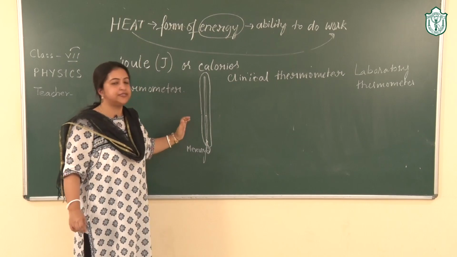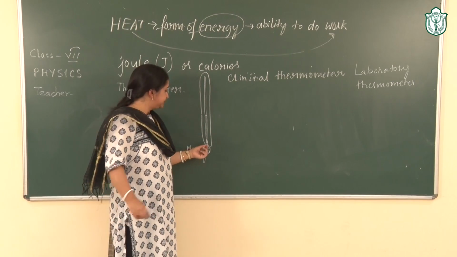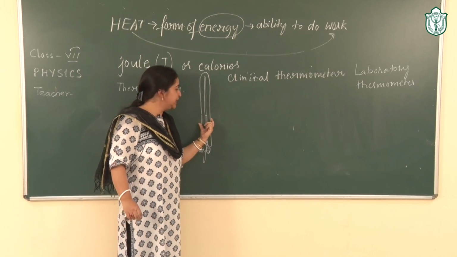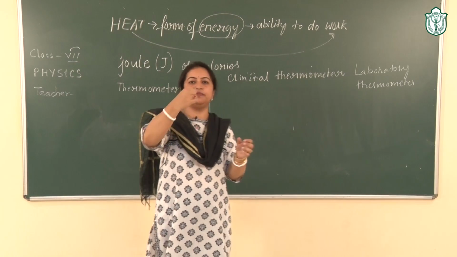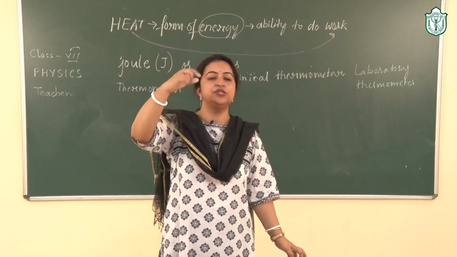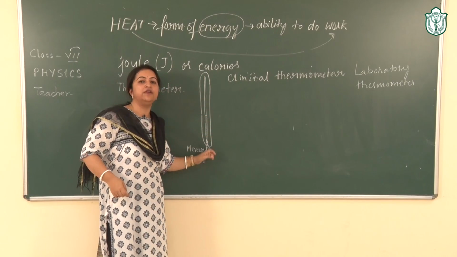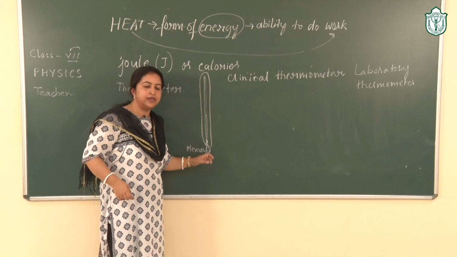Now, the function of this kink. Suppose you are measuring your body temperature, the thermometer is kept in your mouth, you take it out, you will find that the level of mercury does not fall down immediately.